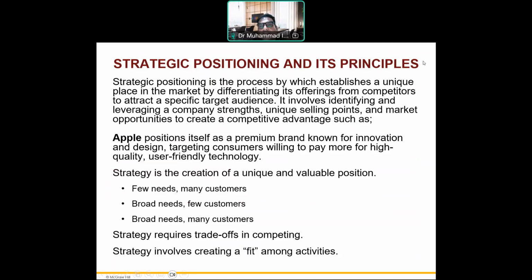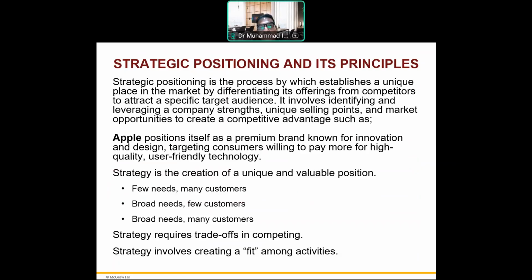Here is a brief explanation of strategic positioning. Basically, it is the process by which a company establishes a unique place in the market.